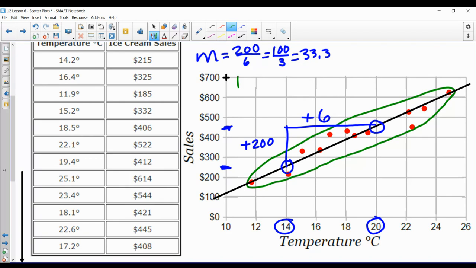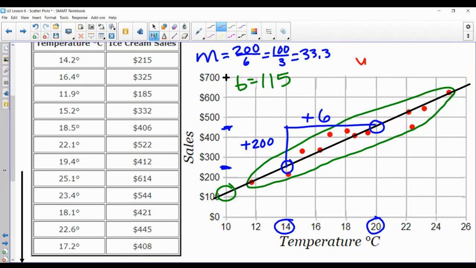Okay, my b value is going to come from estimating where I'm at right there. So I'm above 100. I'm going to say that's about 150 would be in the middle. So I'm going to say I'm about 115.